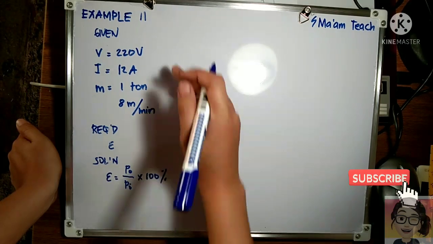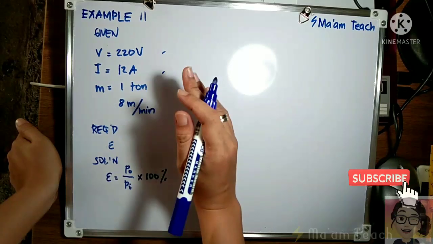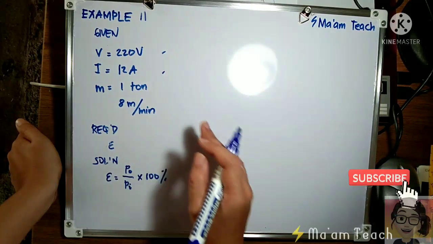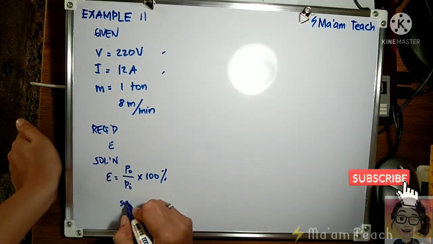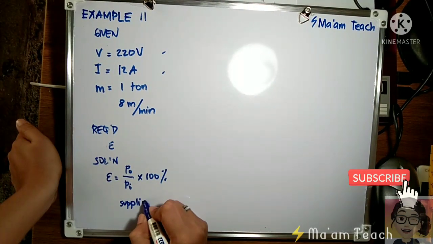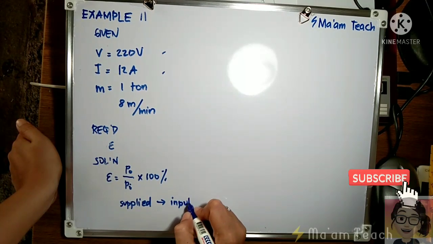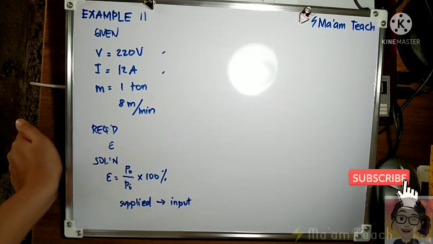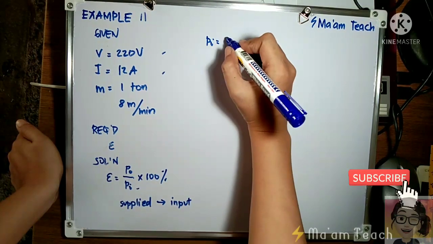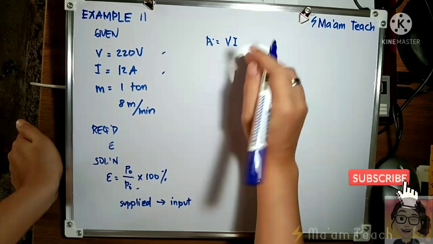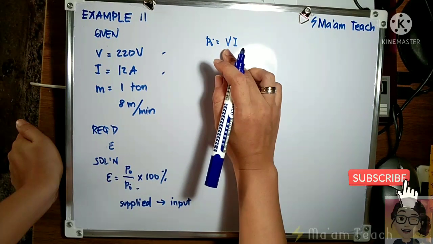So in our given, if you can observe, we have voltage and current. According to the problem, this is the supplied voltage. So when we say supplied, is it input or output? When we say supply, this refers to our input. So to solve for the power input, we simply multiply voltage times the current, which is the voltage supply.